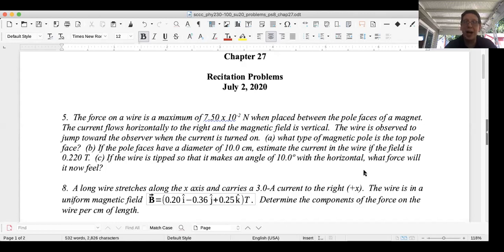And part C: if the wire is tipped so that it makes an angle of 10 degrees with the horizontal, what force will it now feel? So the angle is going to change, but keep in mind the segment of the wire that's between the pole faces, or the length of the segment, will also change. And so see how that affects your answer.